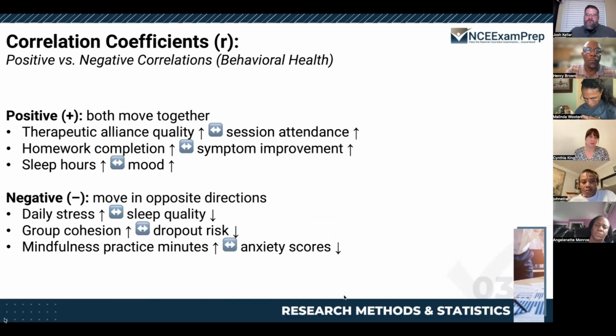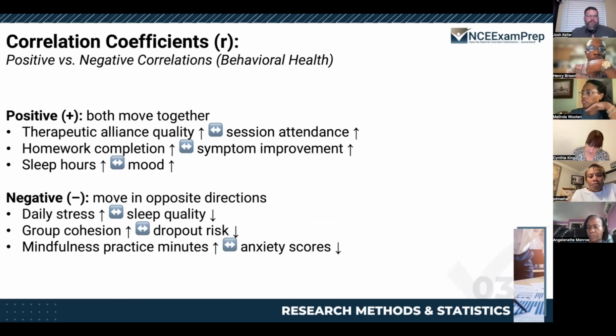Those are negatively correlated. So don't think of positive and negative as good and bad, right? Because it's not good or bad. Mindfulness practice minutes increasing, anxiety scores decreasing, that's good, right? They're just negatively correlated because as one goes up, the other goes down. Does this make sense? Yes. Okay. Questions?